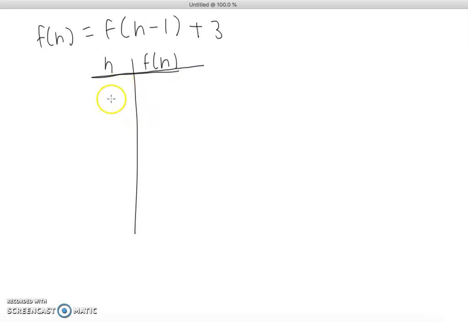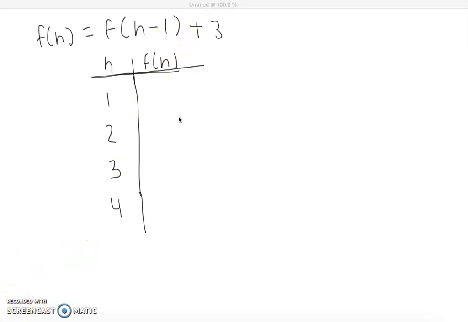Okay, so now we're just going to do it in terms of 1, 2, 3, 4. So the f of n, we are going to solve for it now. And since this is the f of n, you plug in 1, and then it's 1 minus 1 plus 3. Instead of doing math, they always give you the first term of the sequence.